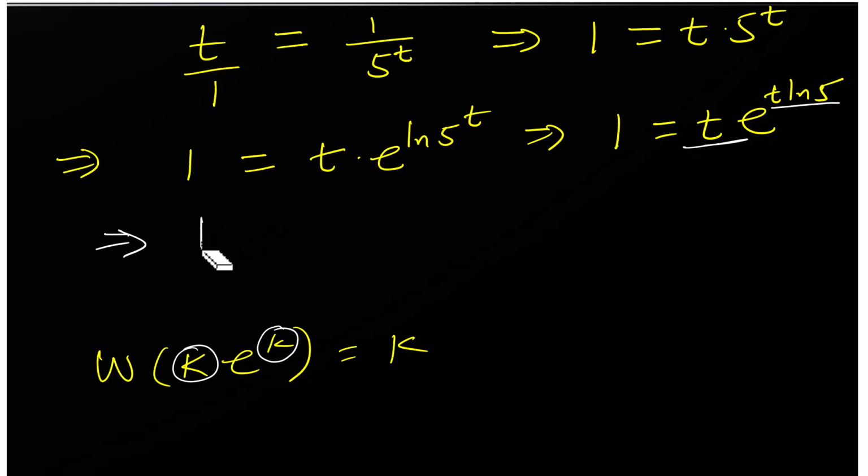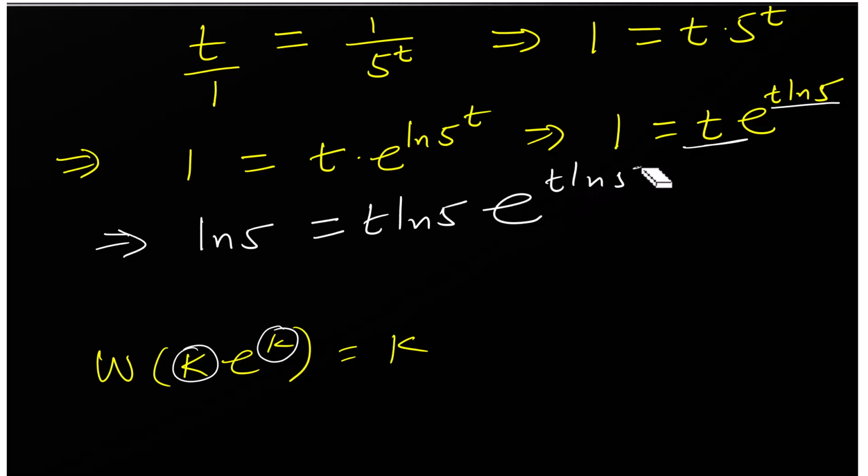So we have ln of 5 equals t ln of 5 e raised to t ln of 5. So look at it very well. This side and this side, they are equal, and therefore we are free to go.